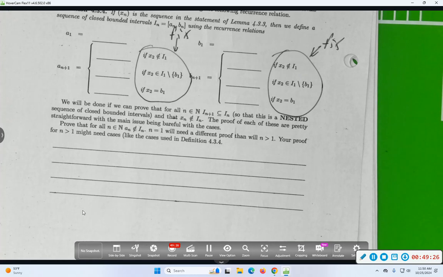It'll be a bunch of set containments. You know how to prove set containment, especially since these are just intervals. You want to prove xn is not in In. You need to prove that some inequalities don't happen. Just prove that those inequalities don't happen. So there will be like 6 steps or something, but I think each step will be easy. At least that's my goal.